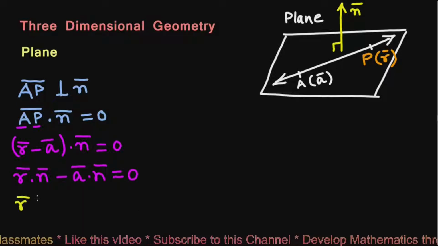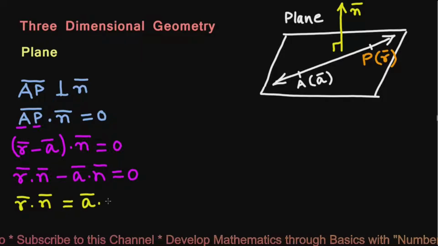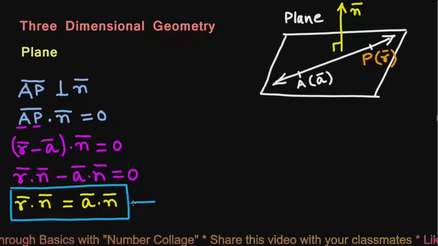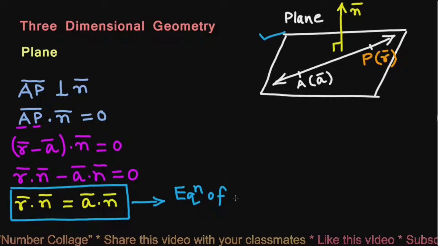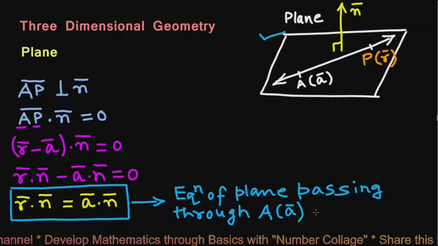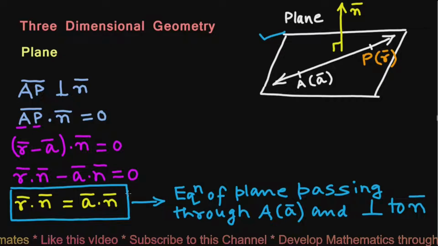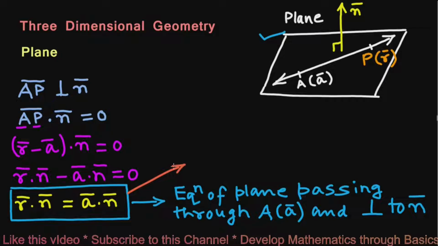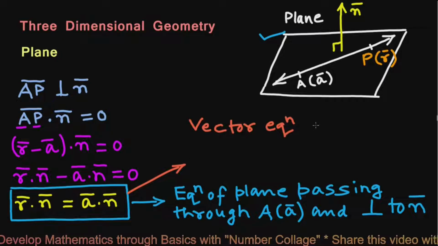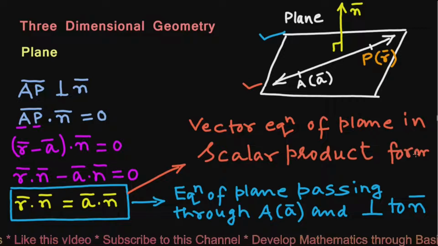That gives r bar dot n bar equals a bar dot n bar. So this is the equation of this plane passing through point A bar and perpendicular to vector n bar. This equation is also known as the vector equation of this plane in scalar product form.